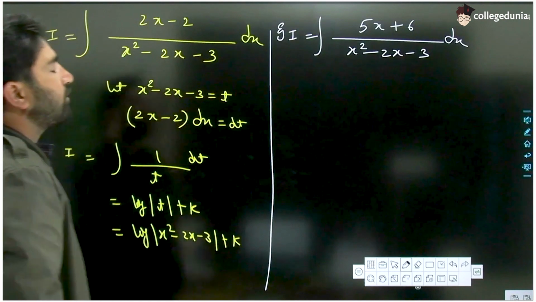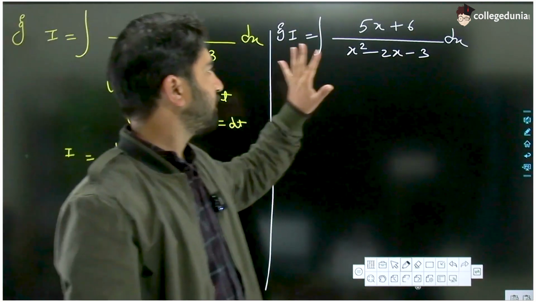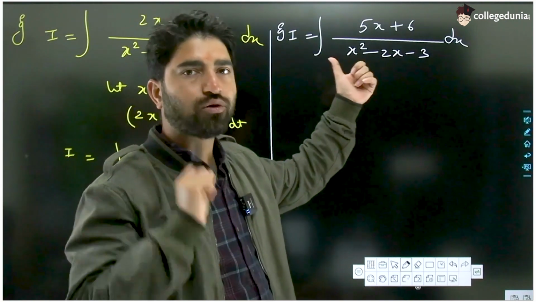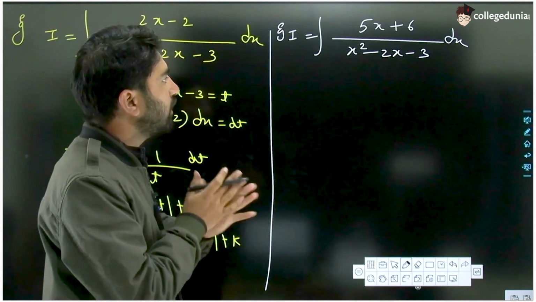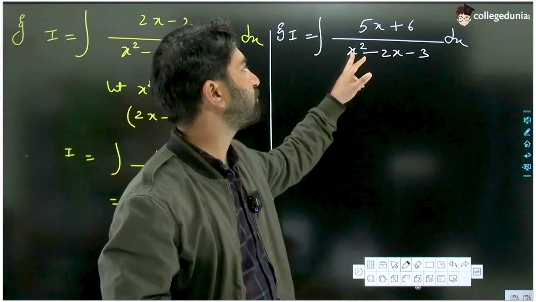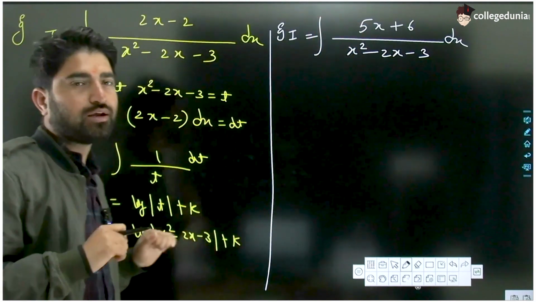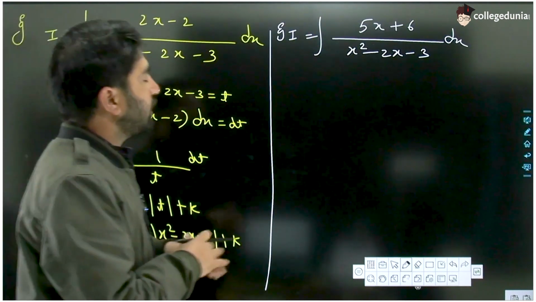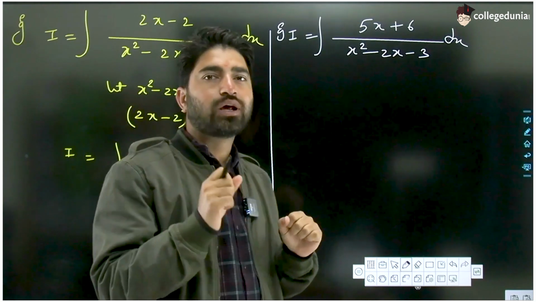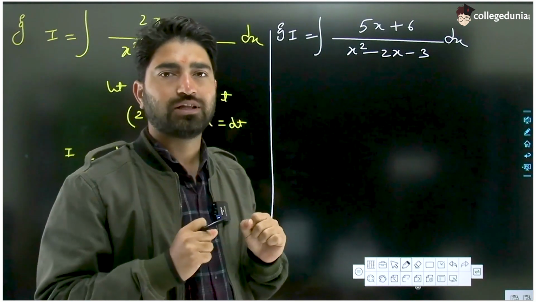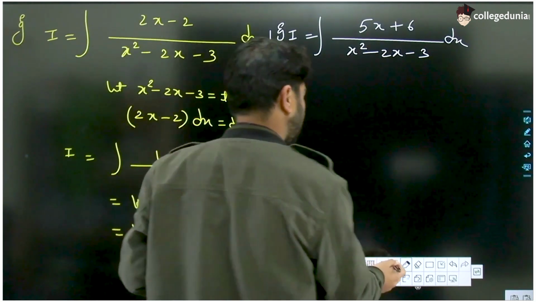Okay, guys, अब सोचिए क्या इस डिनोमिनेटर को टीलेट करके फायदा होगा? एक्स स्क्वायर का डेरिवेटिव 2x होता है, माइनस 2x का डेरिवेटिव 2 होता है, बट ऊपर ऐसा कुछ नहीं है ना? सो इस सिचुएशन में क्वेश्चन को करने का एक डिफरेंट मेथड हमारे पास रहता है बेटा. वो मेथड क्या है वो चीज मैं आपको बताता हूं.